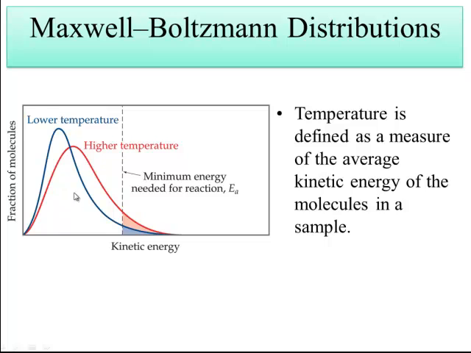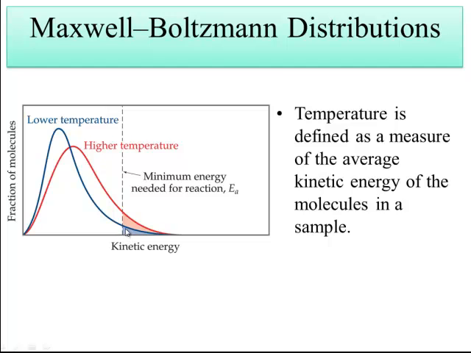So have a look at this graph. This graph is for the kinetic energy of the reactant molecules at a lower temperature, whereas the red graph is for the kinetic energy of the molecules at the higher temperature. Now suppose this value is the energy of activation of the reaction.